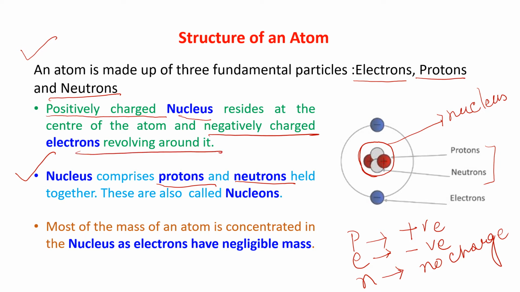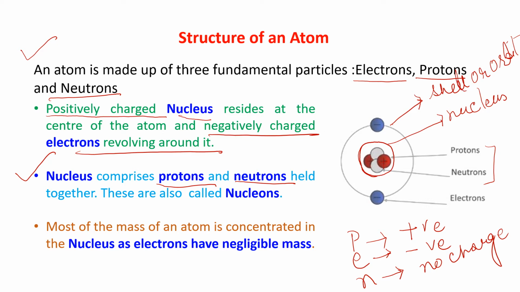These are known as shells or orbits. The electrons, the negatively charged particles, are moving around the nucleus in shells.